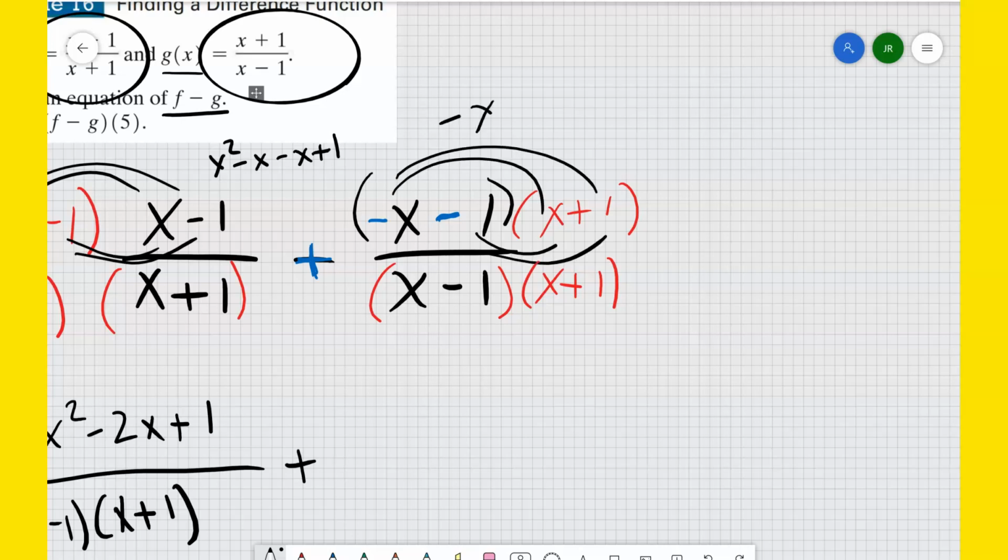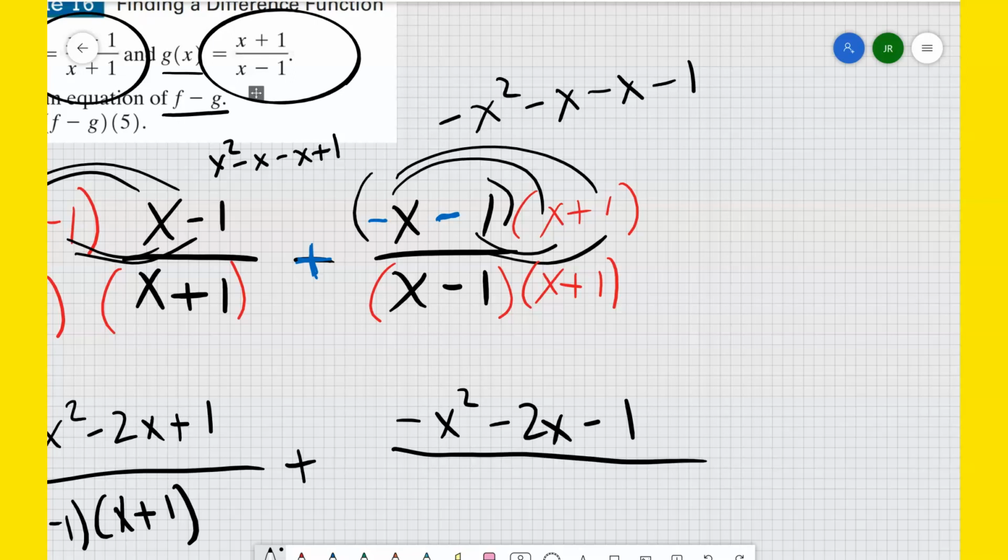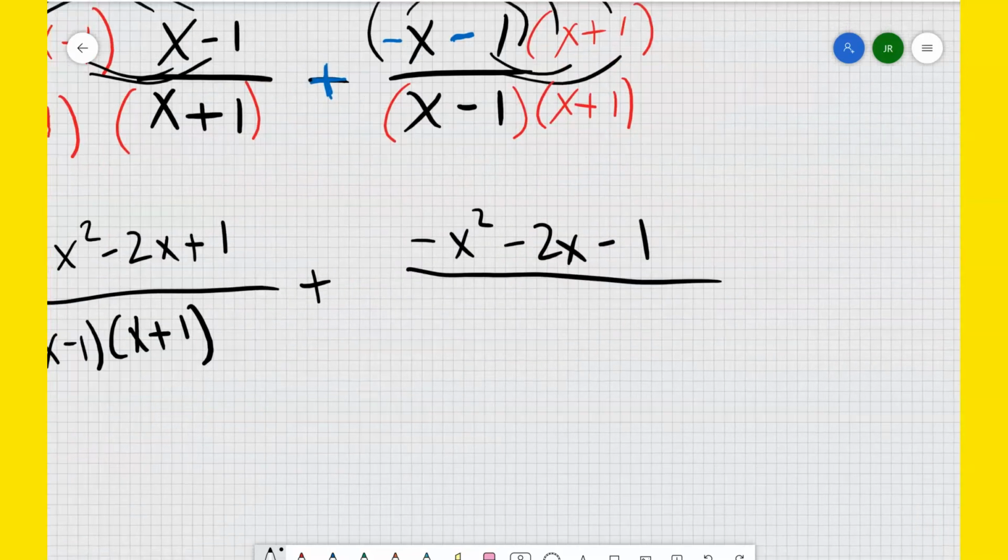It's going to be negative x squared minus x minus 1. So that's going to be negative x squared minus 2x minus 1 all over x minus 1, x plus 1.